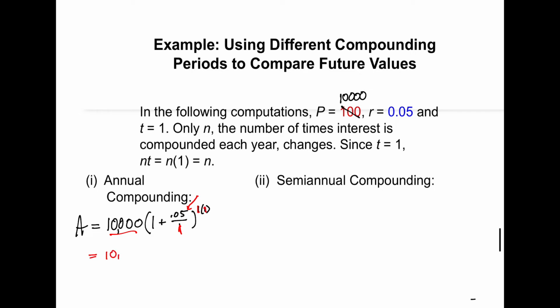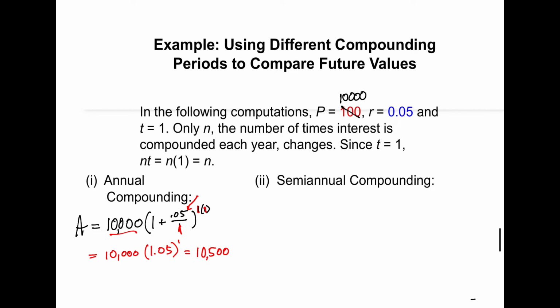This gives me 10,000 times 1.05 raised to the first power. And so we see for that first year, I get $10,500. So I was paid $500, 5% interest on 10,000.